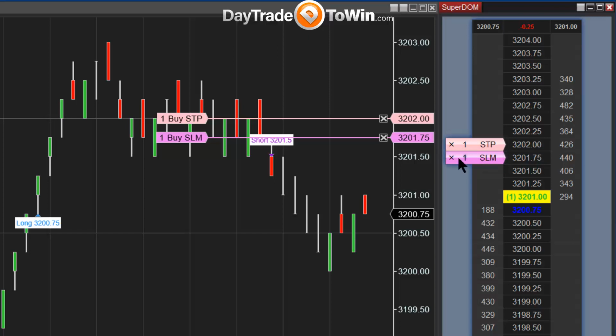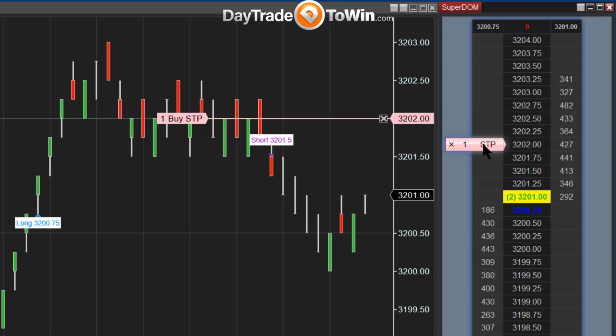If I use a stop order, as soon as it touches this price, it converts and says buy at market. So you can have a tick of slippage, you can have the exact price, you can have a better price, possibly. Don't count on it. So a stop order converts into a market.